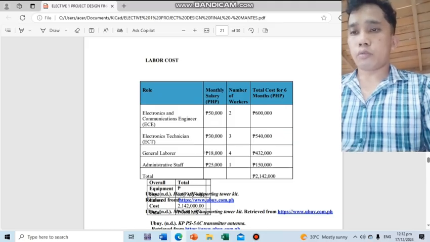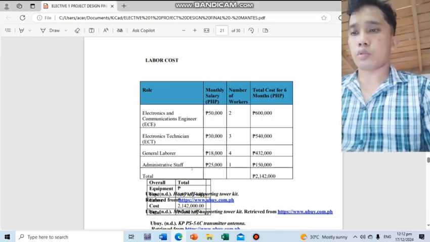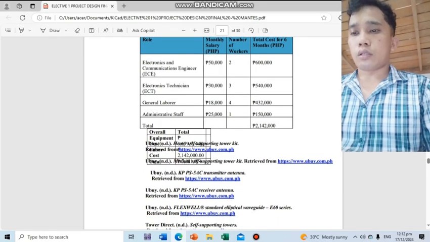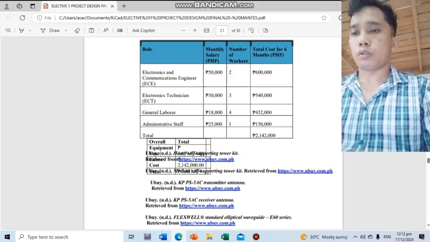The general laborer is 18,000 monthly for 4 workers, and their total cost for 6 months is 432,000. Administrative staff is 25,000, with only 1 worker, and 150,000 for the 6-month duration. A total of 2,142,000. The total is 3 million something if you add the equipment cost and the labor cost.